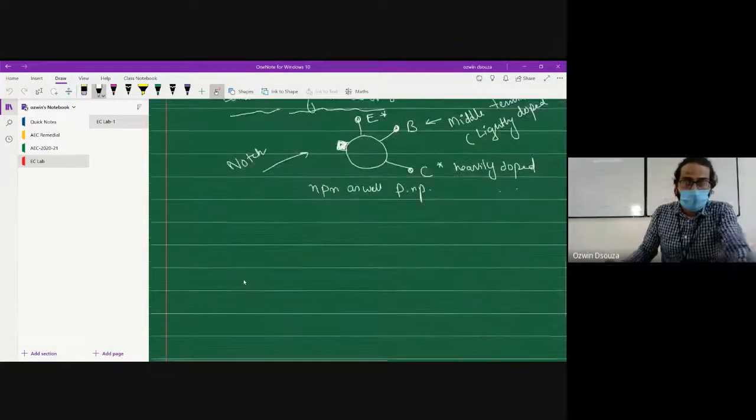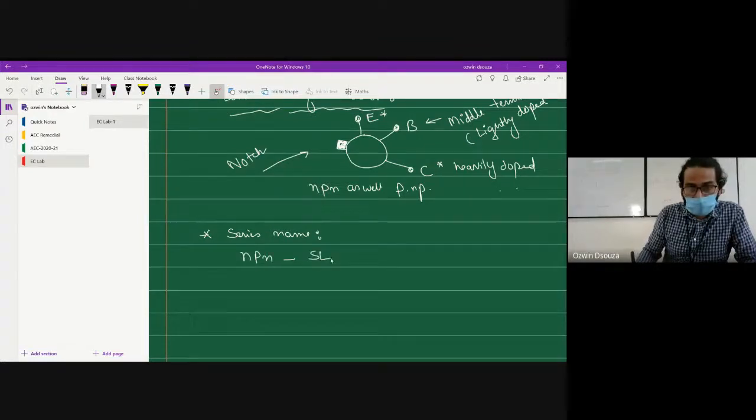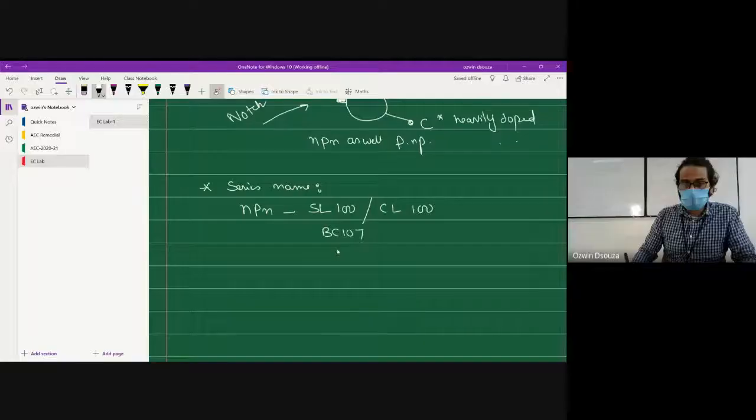And what transistors do we use in our lab? The series name. Under the NPN category, we use SL100 or CL100, or sometimes even others.